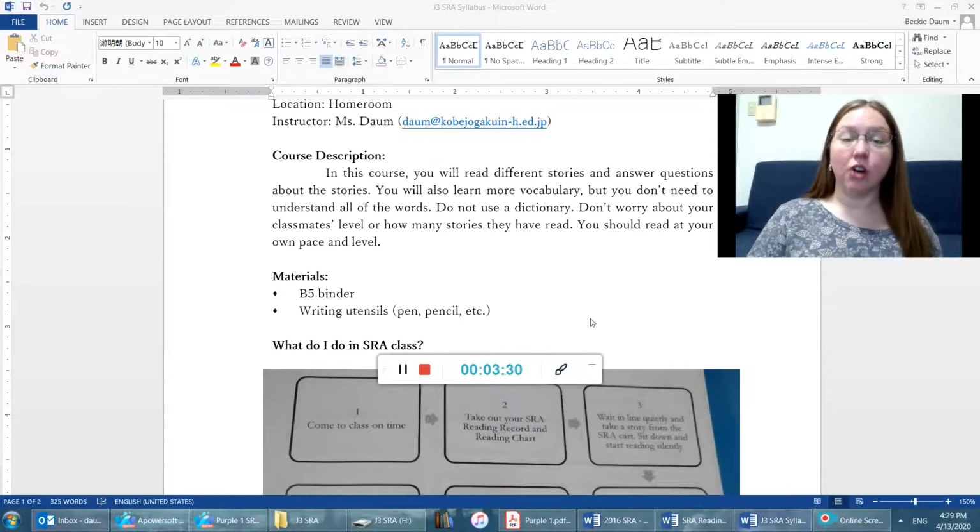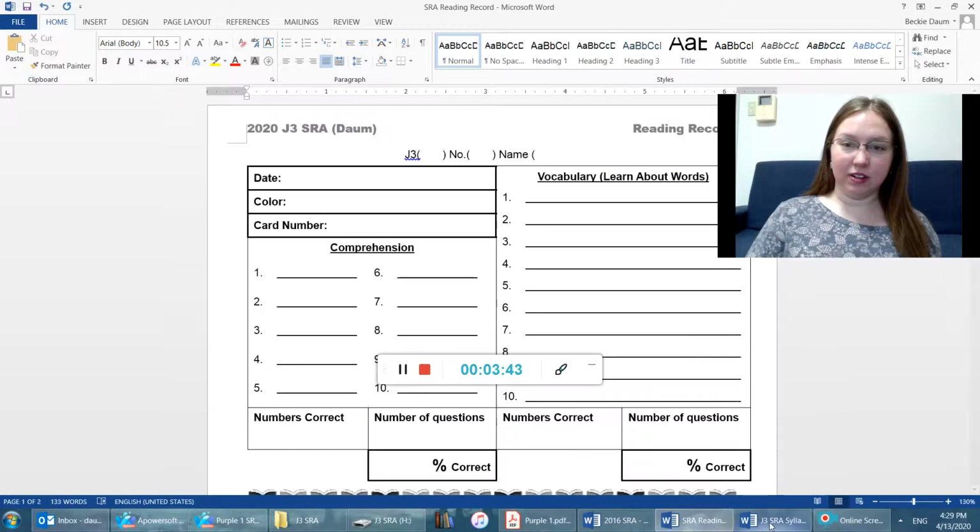For now, you will be reading one story every week and then taking a quiz about that story. You have this reading record that is on Classy, and you will use this to check your learning and your reading.